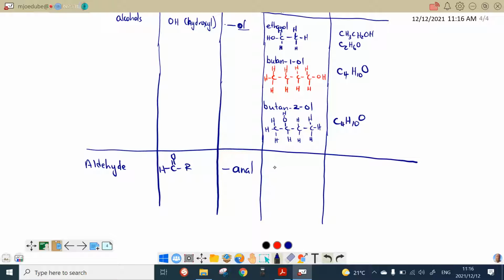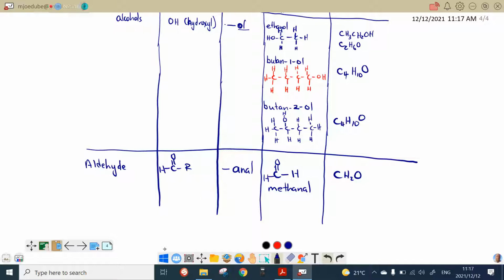And so if you have an aldehyde that is made up of one carbon, it will be a C double bonded to O, and then you've got an H, and the other part is also going to be an H. So this here is going to be your methanal, and this is CH2O.